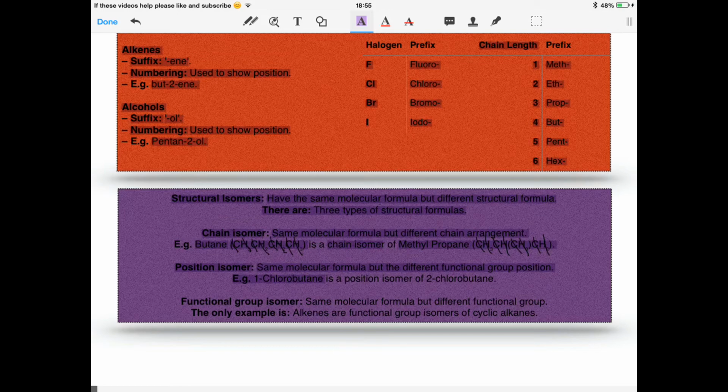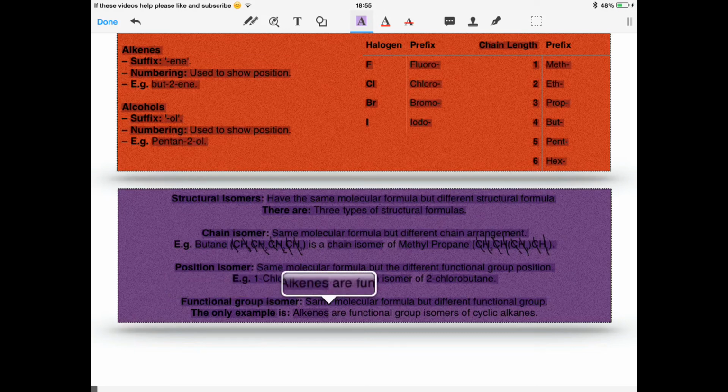Finally then, we have a functional group isomer, and these have the same molecular formula but different functional groups. The only example for this you need to know is that alkenes are a functional group isomer of cyclic alkanes and vice versa. So cyclic alkanes are the only functional group isomer of alkenes.